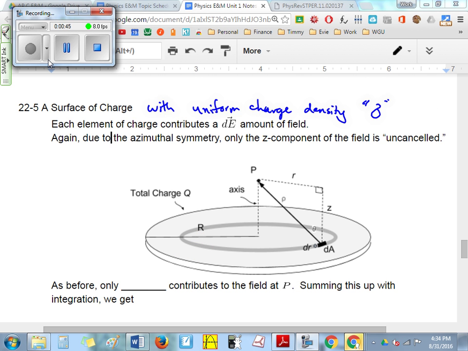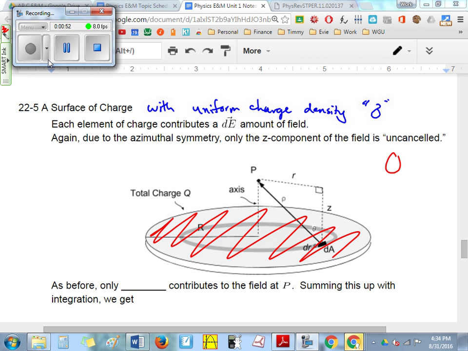One thing is that if it's uniform charge density, then if you look at the whole area and you do total charge Q over total area pi r squared, that's equal to sigma.